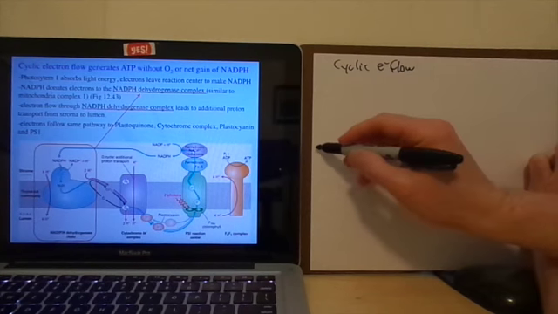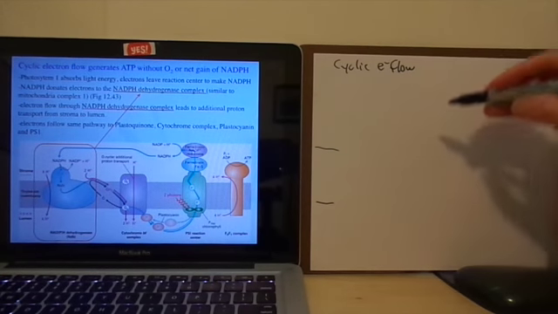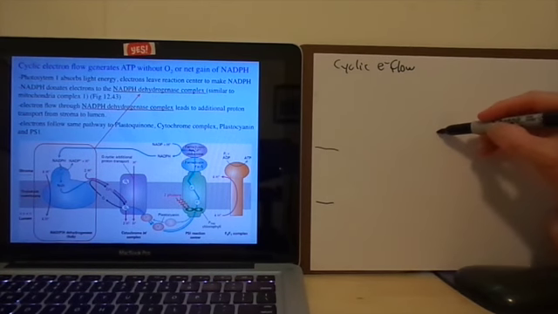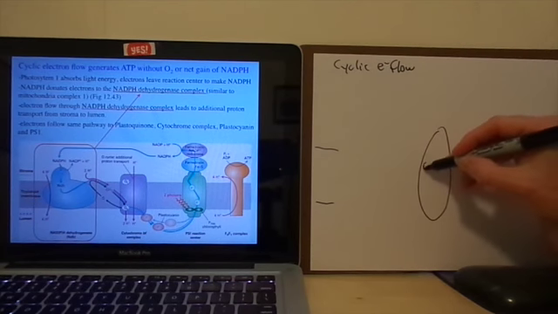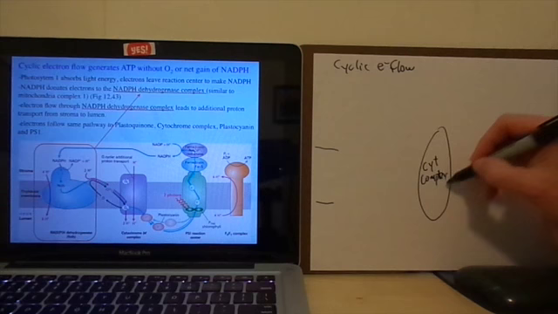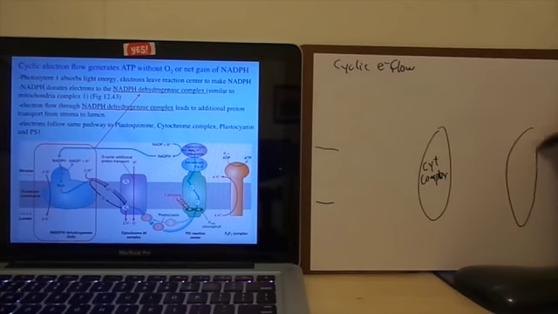And if you look at what's the same, right? You've got the cytochrome complex. You've got photosystem 1. So we'll do the same stuff in black, like this.